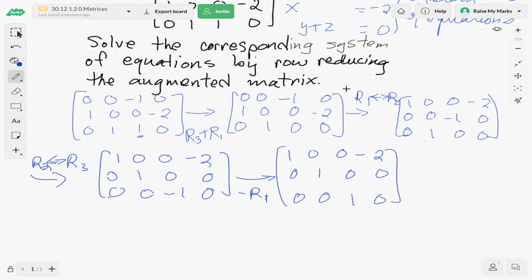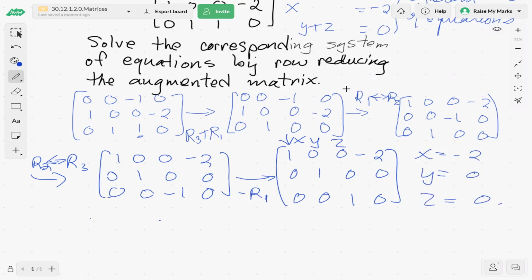Okay, so now let's solve. Interesting. Okay, so not too bad. So first column represents x, second y, third z. So from the first row, we have x equals -2. Second row, we have y equals 0. And finally, z equals 0.